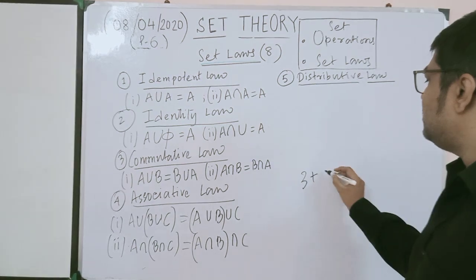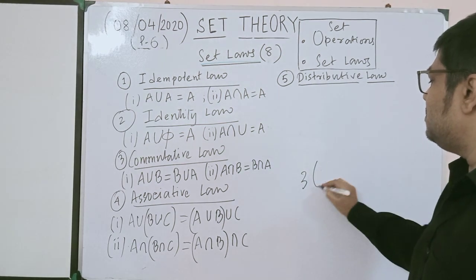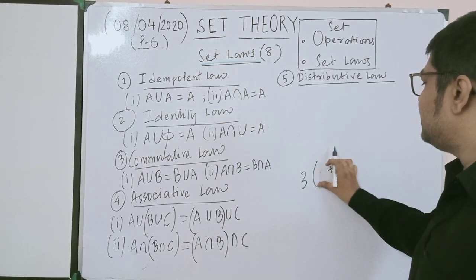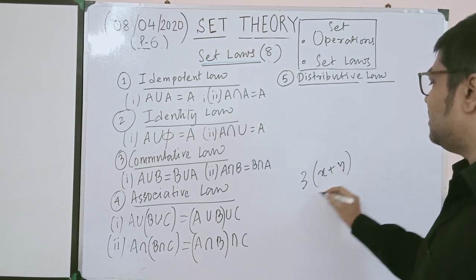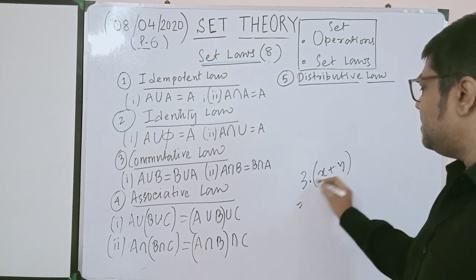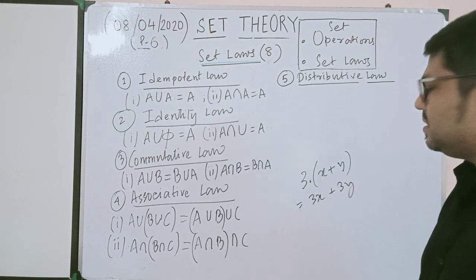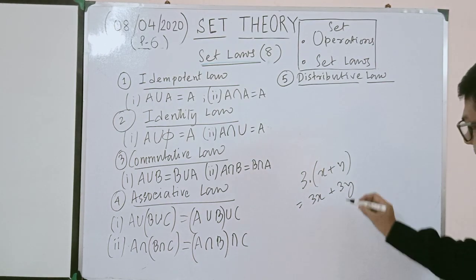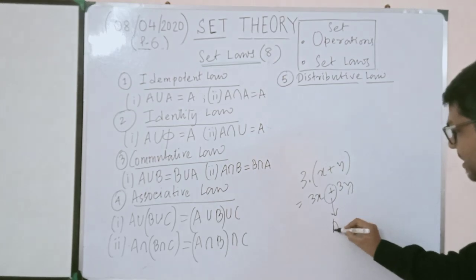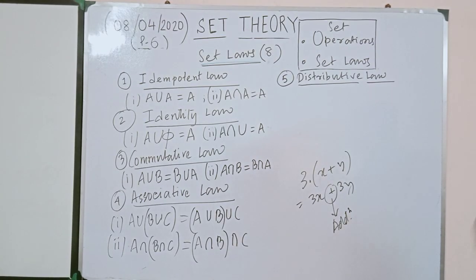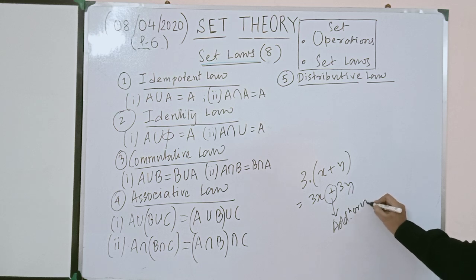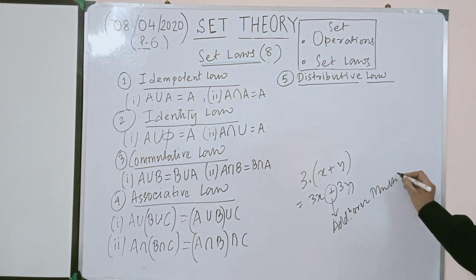Say we do 3 into x plus y. What we do? So 3 multiplication x plus y, we do a 3x plus 3y. So that means we distribute this addition sign over multiplication.